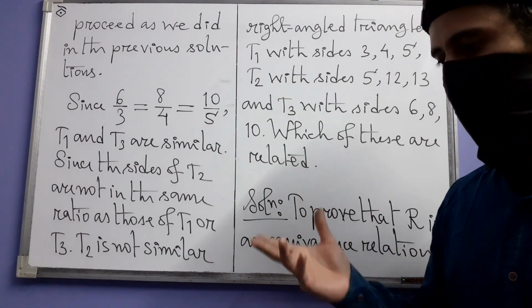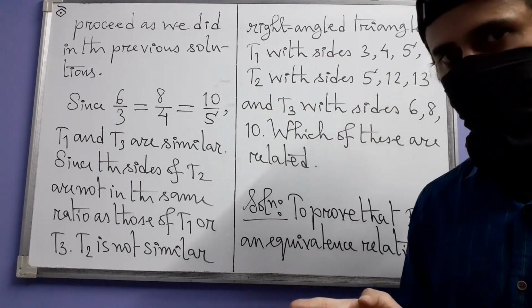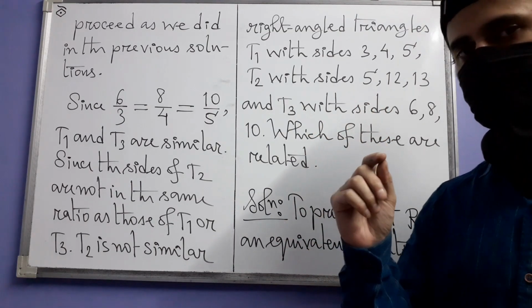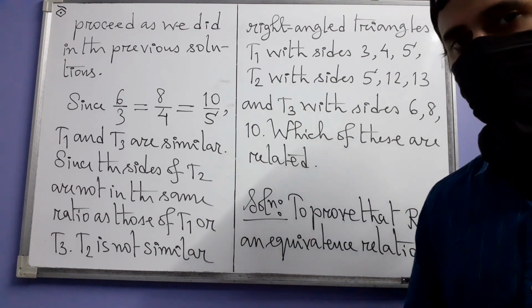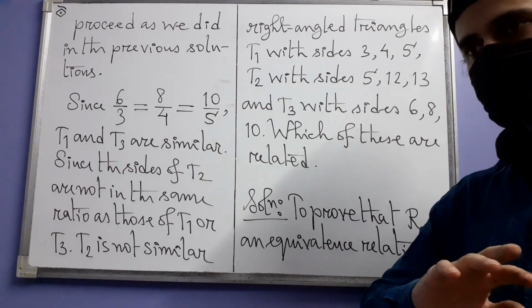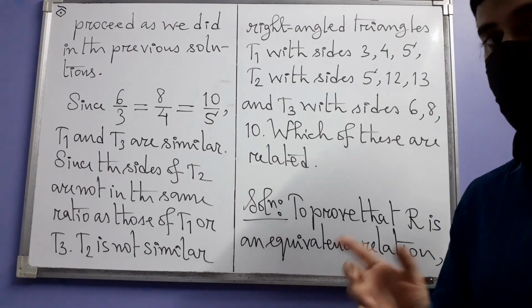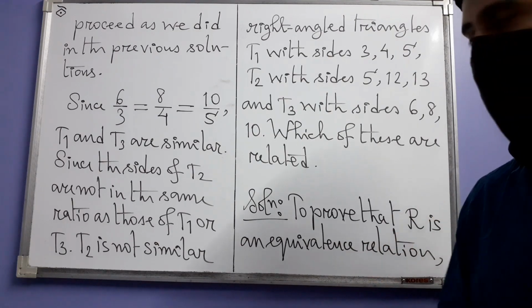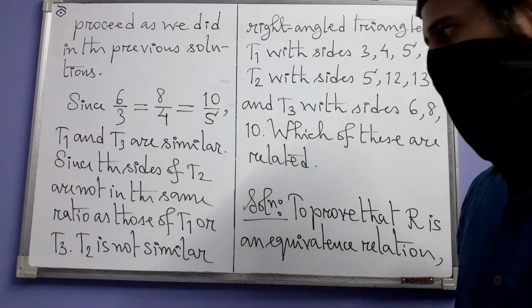The fact that if you have two similar triangles, then their corresponding sides are in the same ratio, works the other way around also. If the corresponding sides are in the same ratio, then the triangles have to be similar. Recall this also from ordinary geometry. And that is why T1 and T3 are similar.